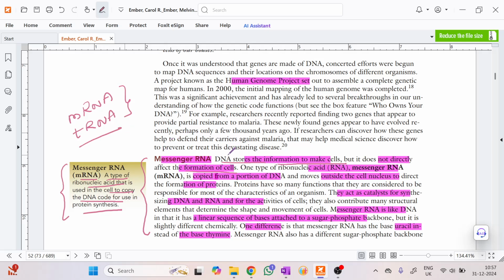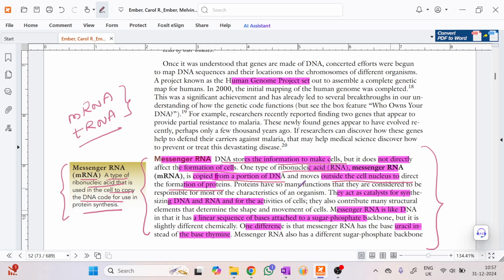So what are these? One of the ribonucleic acids, messenger RNA, is copied from a portion of DNA and then it moves outside the cell nucleus to direct the formation of proteins. And proteins, as you know, play a vital role.